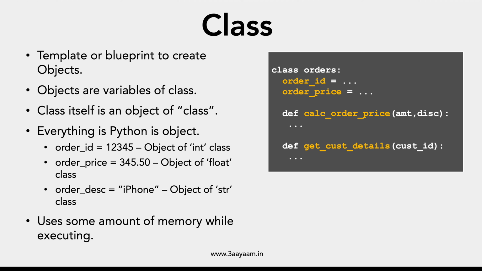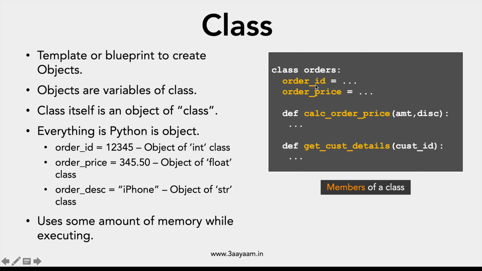You already know what arguments are. We can pass arguments to functions, and as functions are called methods in a class, you can pass arguments to methods also. Of course, there are a few other things that I'll discuss in the coming slides, but as of now, this is what it is. All these, the order ID and order price variables, and the methods calculate order price and get customer details, are called members of a class.